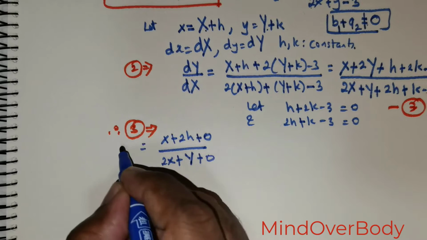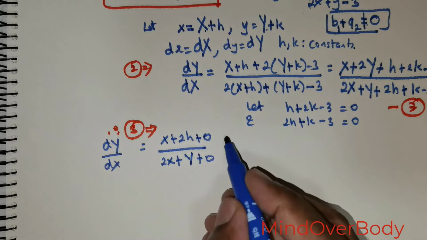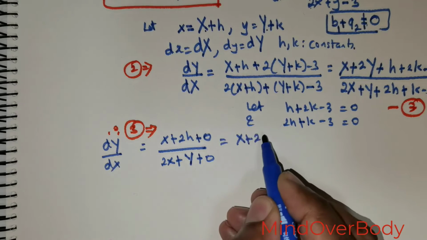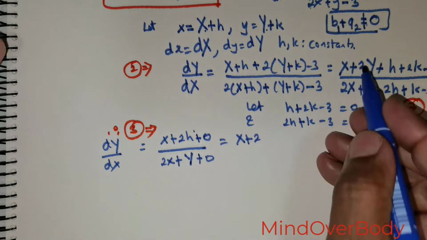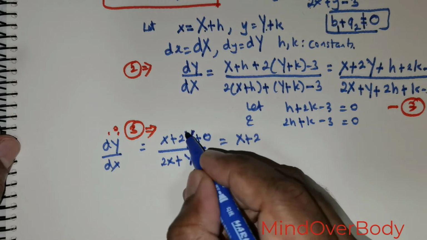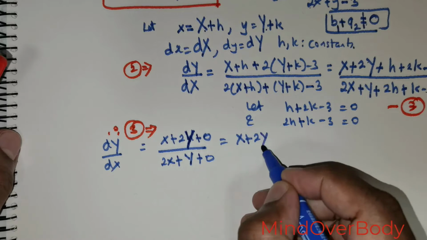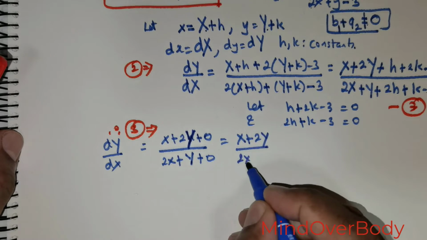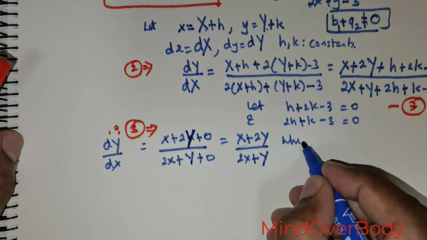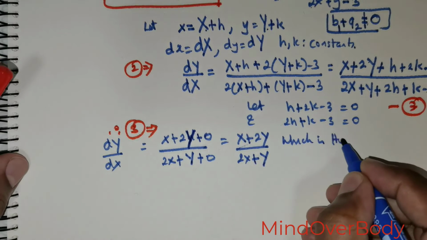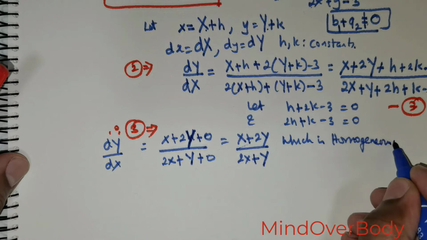On the left you have capital dY and capital dX. So this is actually X + 2Y, it's not h there, it's 2Y, and this is equal to 2X + Y. So this is clearly homogeneous in nature.